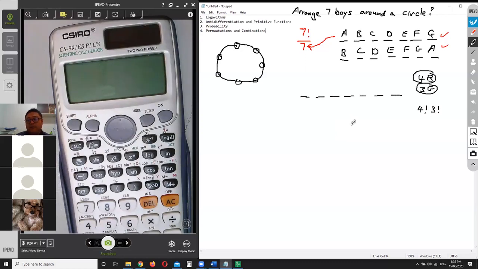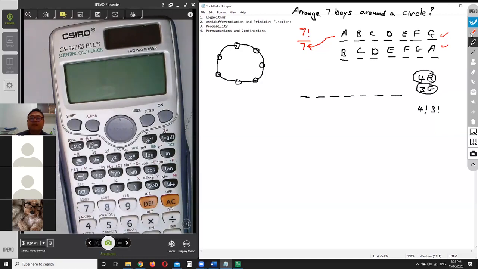No. Reef, you're very, very close. Niall? Would it be 4 factorial times 3 factorial divided by, I'm not really sure. It'll be divided by something probably.